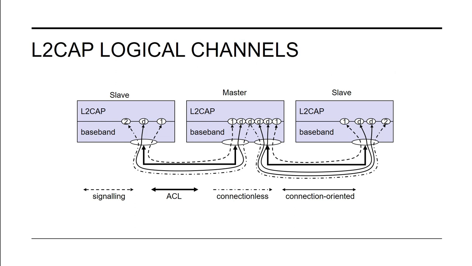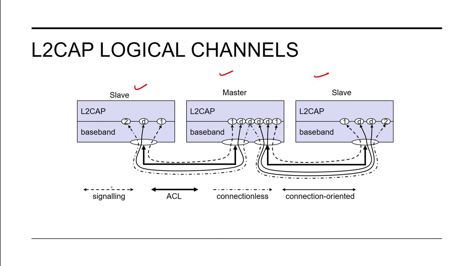So these are the L2CAP logical channels. The one is the connection oriented channel, and D is the data, and 2 is reserved for the connectionless channels. Here we have a master, with one slave on the left side and another slave on the right side.